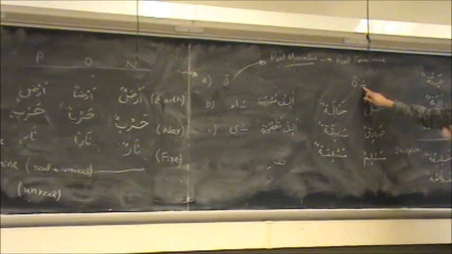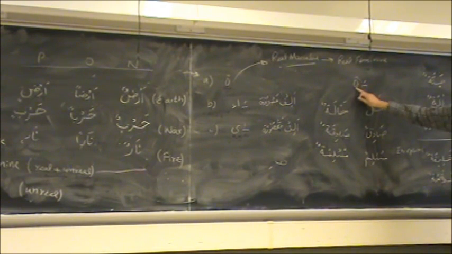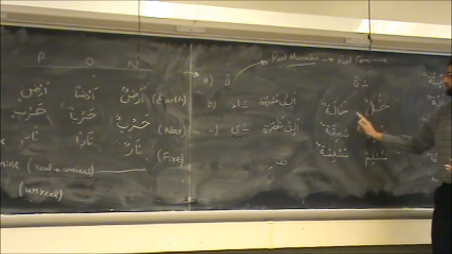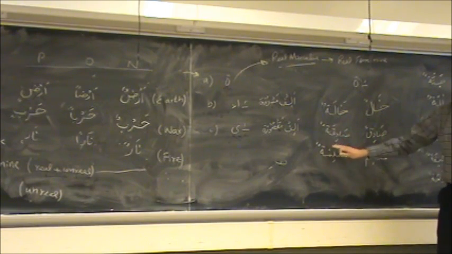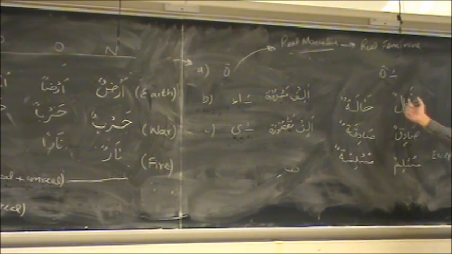We change the i'rab, convert it to fatha and add a ta marbuta at the end. So it becomes feminine, from khalun to khalatun, sadiqun, sadiqatun, muslimun, muslimatun. But of course it will apply only to real masculines. You cannot take any word in Arabic and make it feminine like this. It applies to some of them, mostly adjectives.